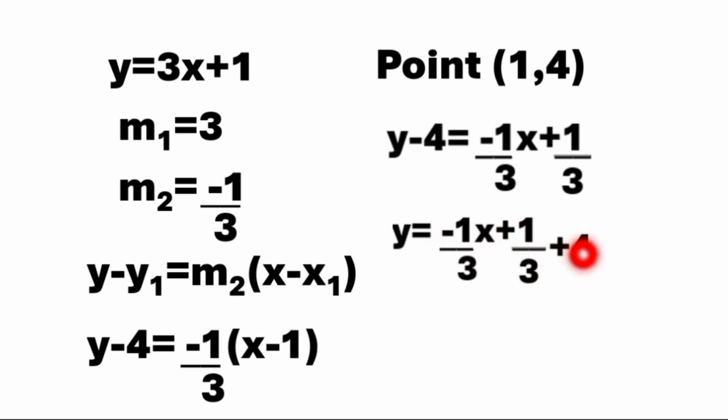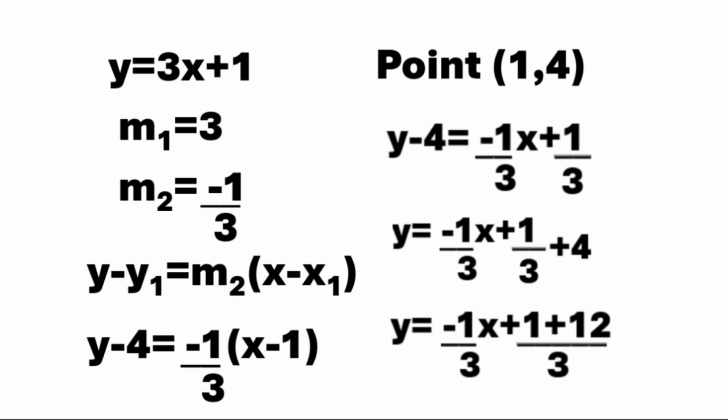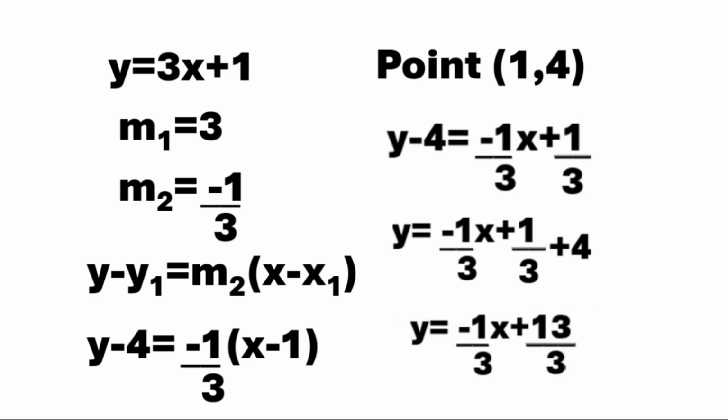The LCD, least common denominator, is 3. So we multiply 4 by 3, which is 12. So we have y equals negative 1/3 x plus 1 plus 12 over 3, which is y equals negative 1/3 x plus 13 over 3. And this is the equation of the perpendicular line.